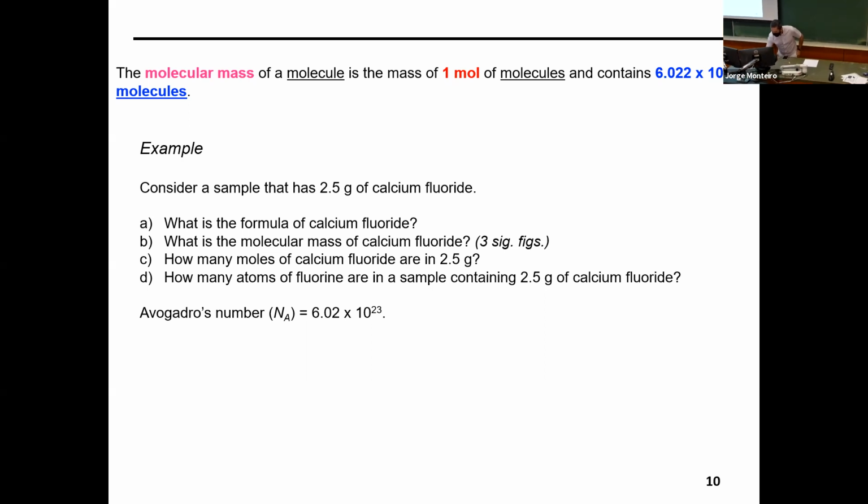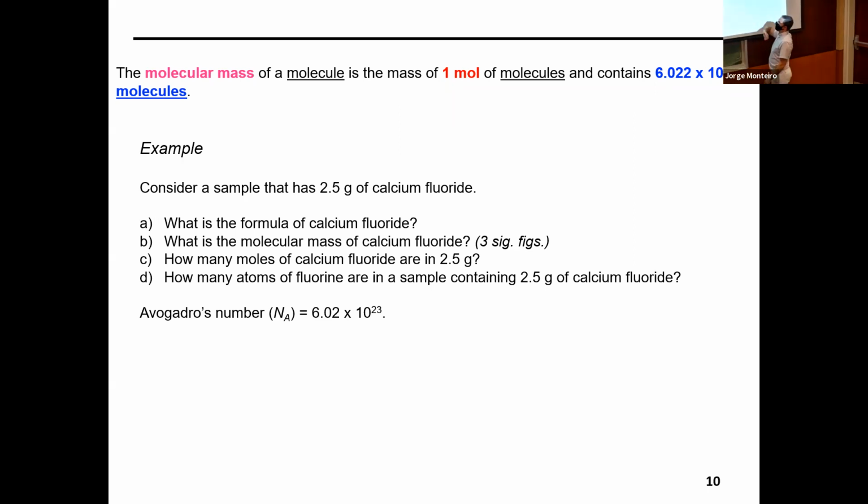Very good. So let's pick up where we left off on Wednesday. I think that was the last thing I showed you guys. We are talking about molecular mass. Remember that molecular mass takes into account all the atoms present in the structure of the molecule. And you can always use that 1 mole of molecules contains 6.02 times 10 to the 23rd molecules.